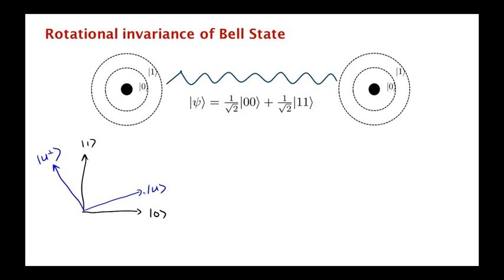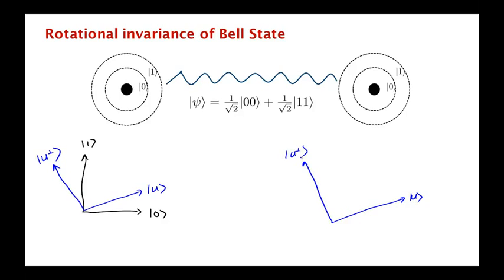This is just some arbitrary angle here with the 0 state in the real plane. And we do the same thing for the other qubit of the Bell state. We measure it also in u, u perp.